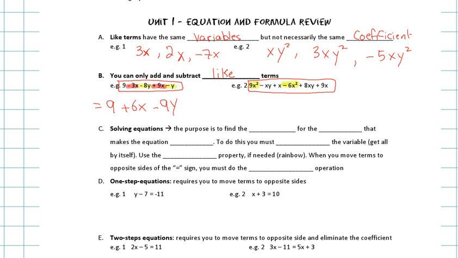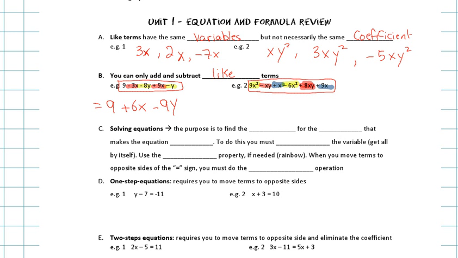What's a like term to negative xy? Plus 8xy. And then x plus 9x. So we're gonna put the same color together. 9x squared take away 6x squared is 3x squared.